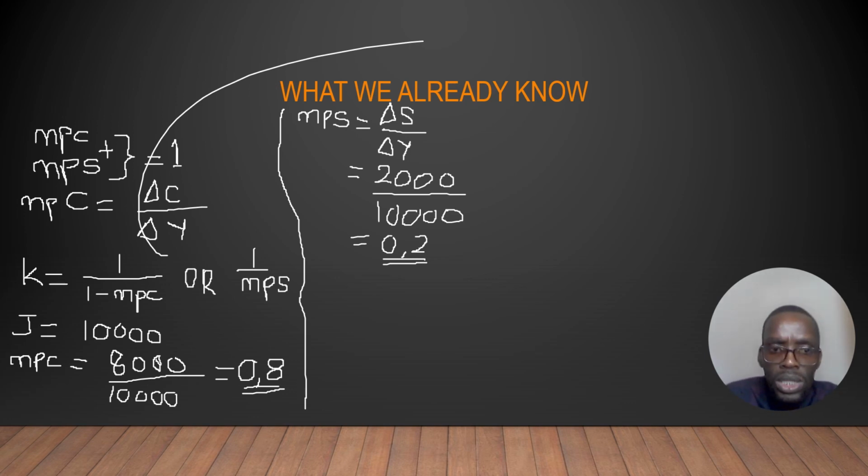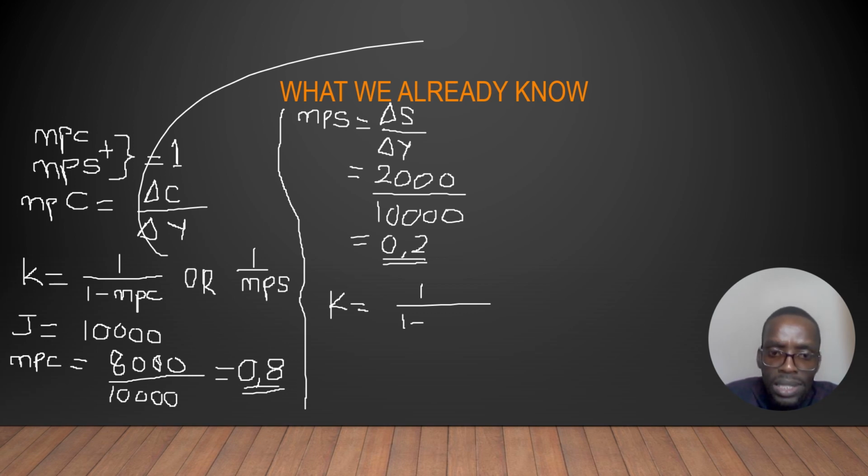If you now add this 0.2 plus 0.8, the answer that you are going to get is 1. So now we need to calculate our multiplier. Our multiplier K is equal to 1 over 1 minus MPC.